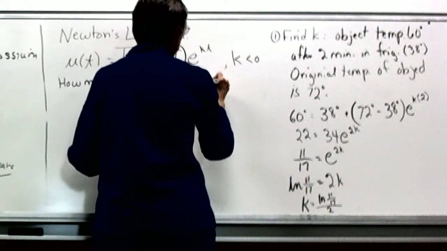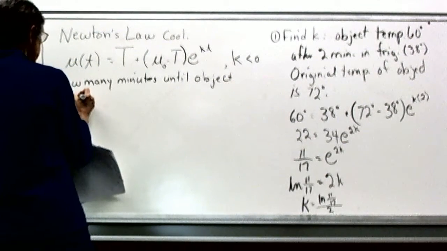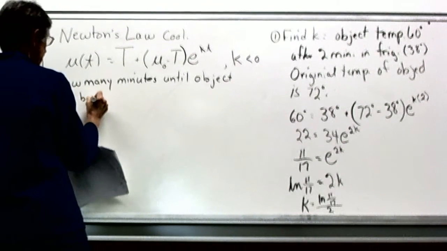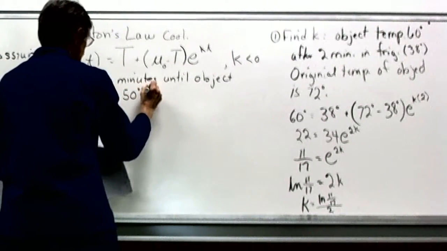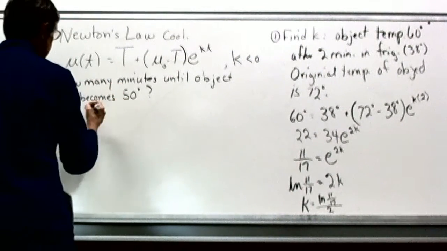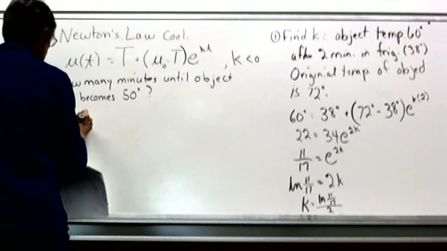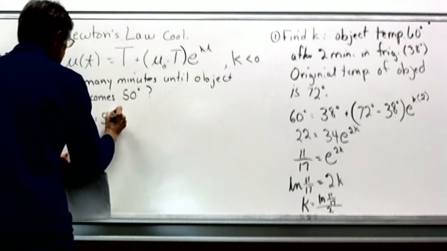I've just been referring to this as an object. Okay, so we want the final amount to be 50 degrees, so that's u of t equal to 50 degrees.